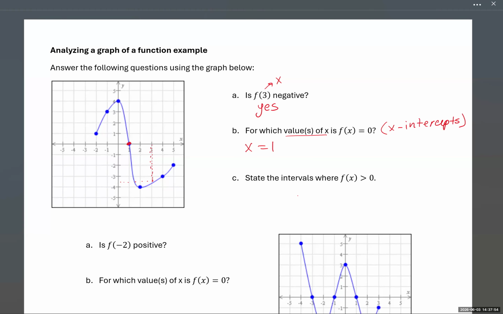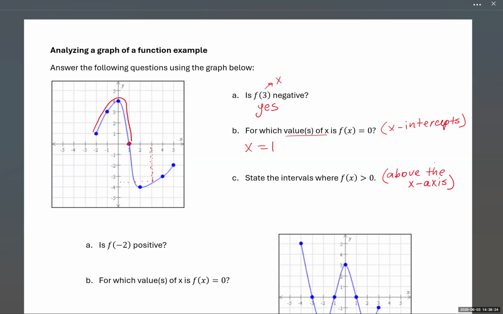And then state the intervals where f of x is greater than 0. So that's asking for the intervals on the x values where the function is above the x-axis. So for us, that's right here. As with any interval, we're going to read this left to right.